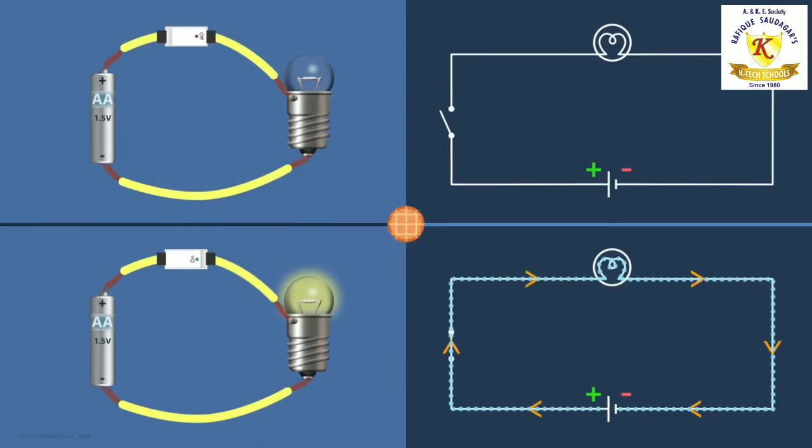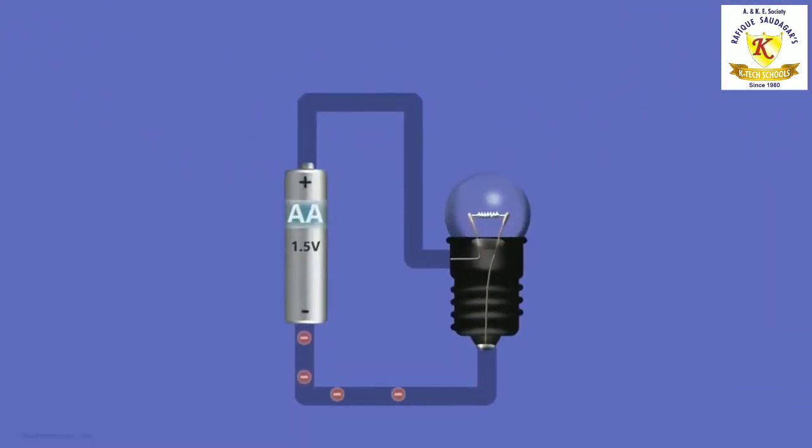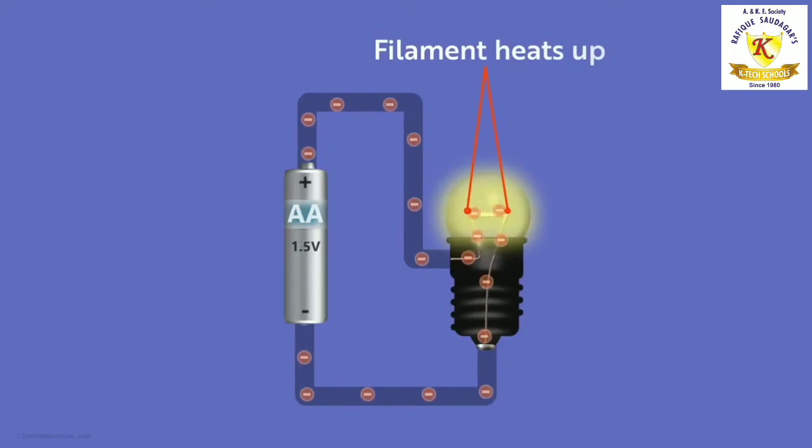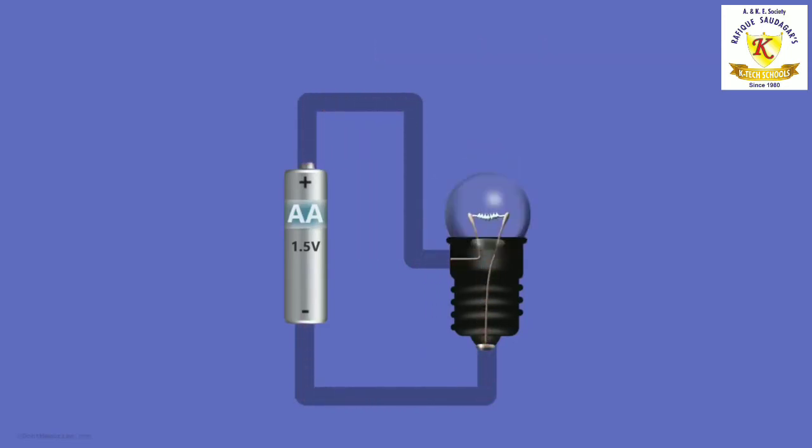Now here is a question for you. We know that when the electric current flows between the two ends of the filament, the filament heats up. This heating up of the filament results in glowing, and this is how we receive light from the bulb.